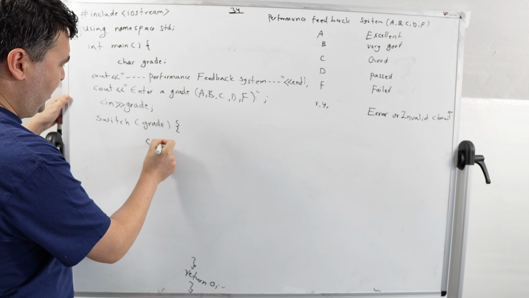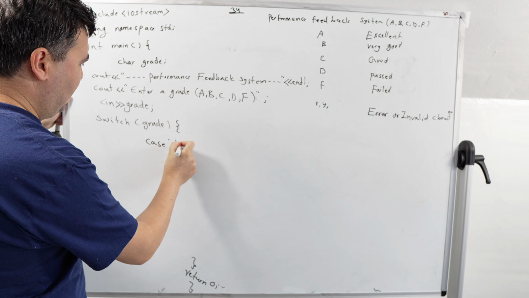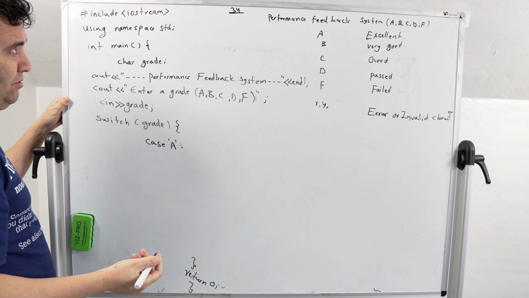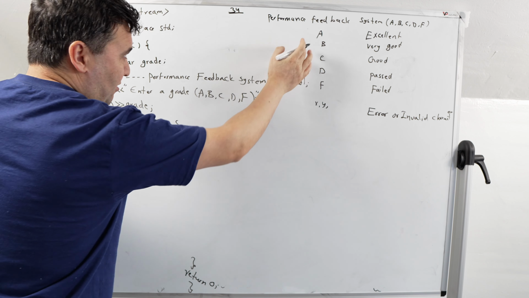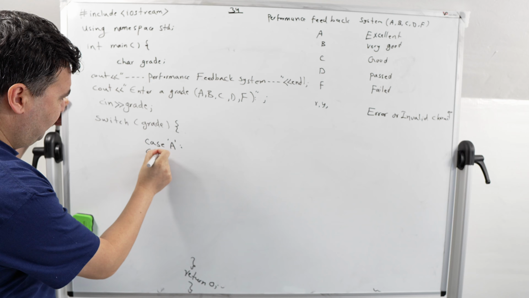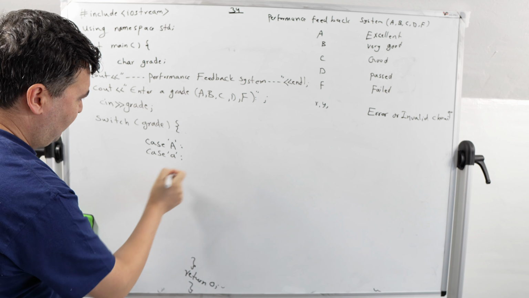We check for case A, if the user enters A. And it is possible the user enters a small letter, not the capital letter, so we also check for case a, which is the small letter.